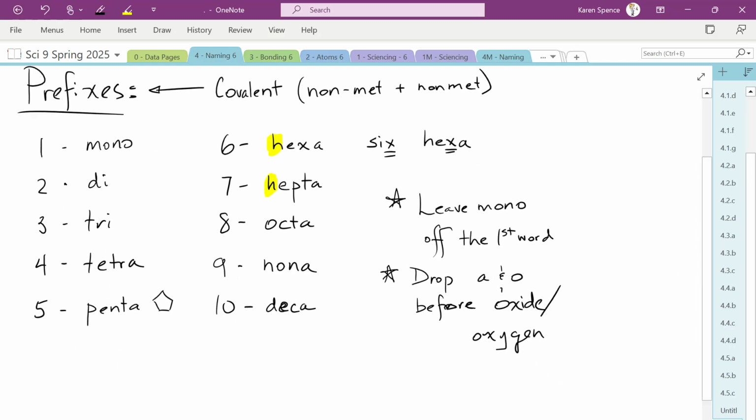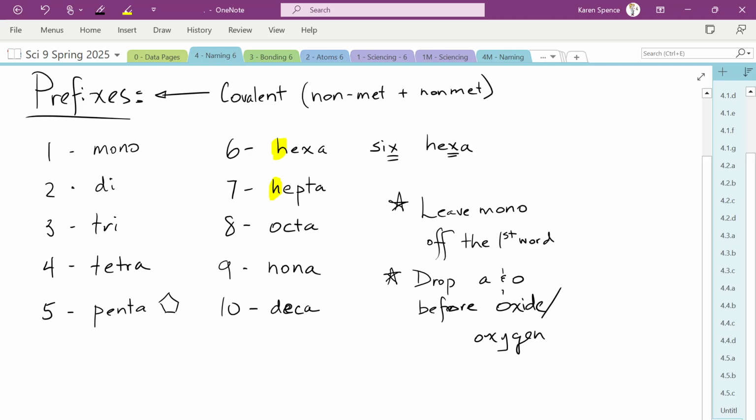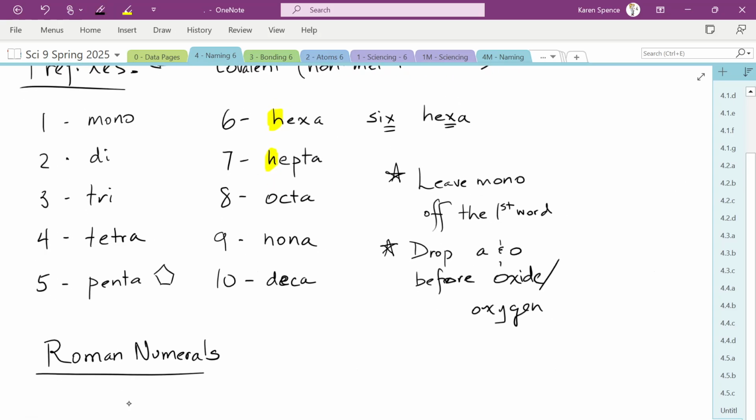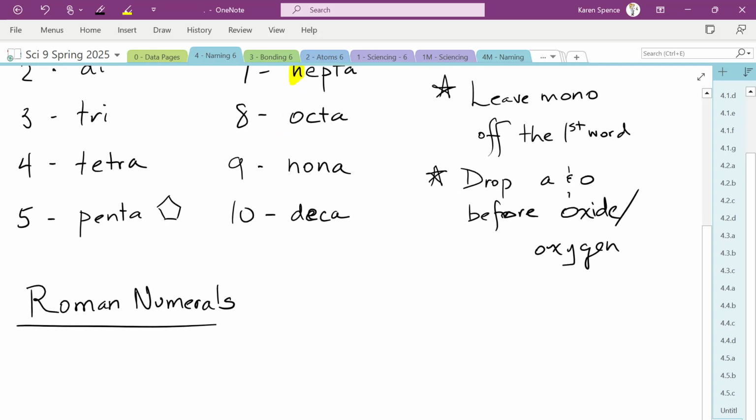Now, we also learned something else yesterday. What did we learn about yesterday? We learned about the Roman numerals. And what kind of elements need Roman numerals? Red zone metals, yes.